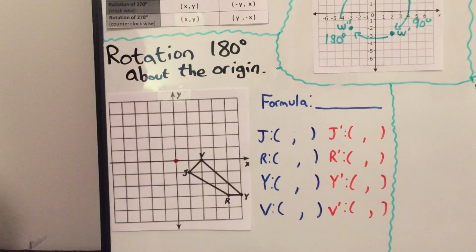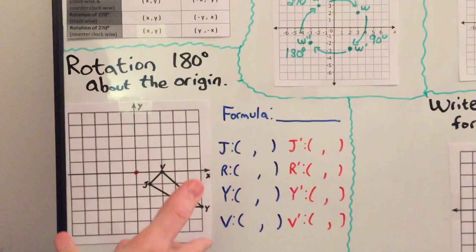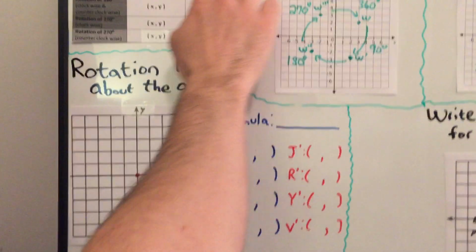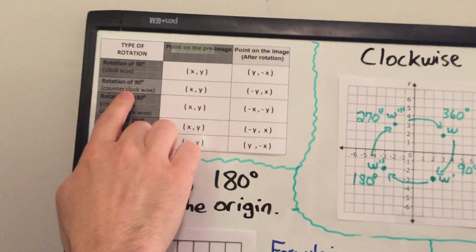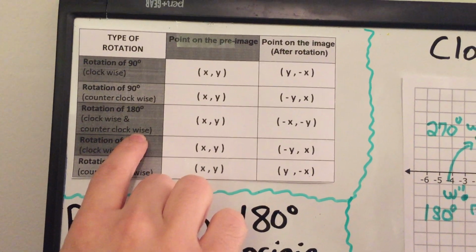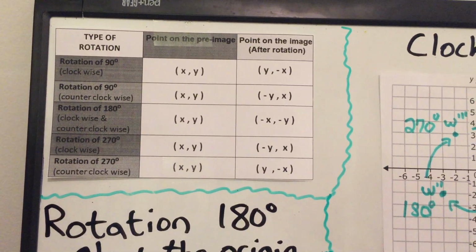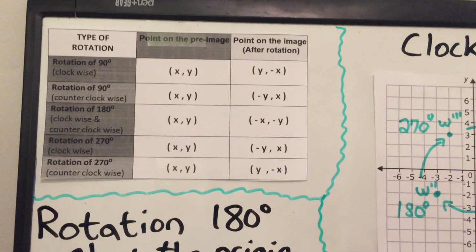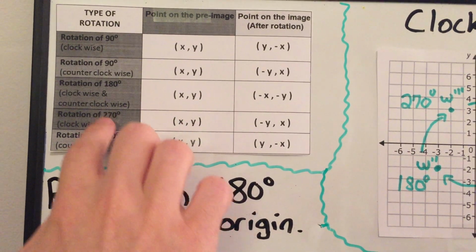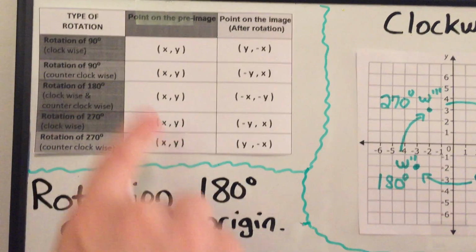So whenever you see 180 degrees, it's not going to specify clockwise or counterclockwise, because it doesn't matter which way you move, you're going to get to the same place. And if I come up here to our formulas, you'll see 180 degrees clockwise and counterclockwise. You use the same formula for both. So 180 is the time where they may not specify, but 270 and 90, they really have to specify because it does matter.